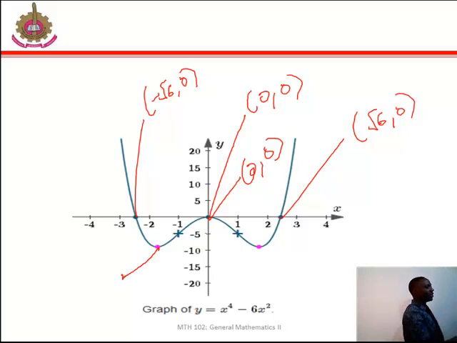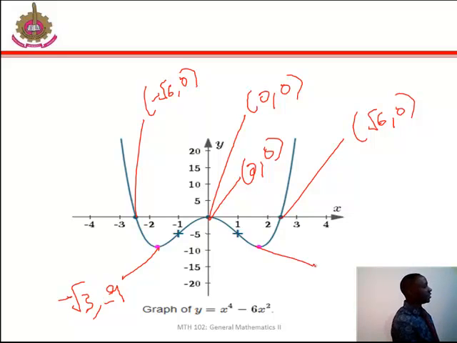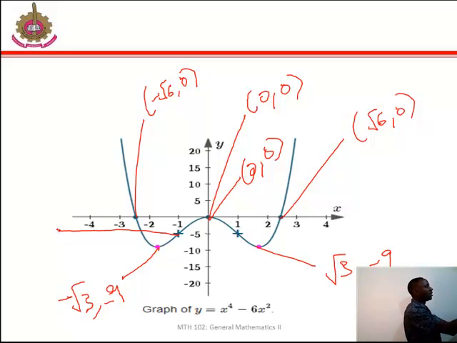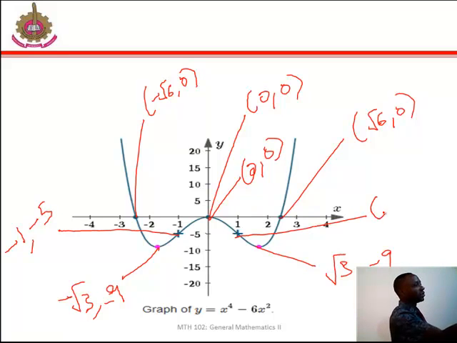The second point is here when x is minus square root of 3 and y is minus 9, and the third point is here when x is square root of 3 and y is minus 9. Then the next one we calculated is the point of inflection. The first point for inflection is here when x is minus 1 and y is minus 5, and the second point is here when x is 1 and y is minus 5.